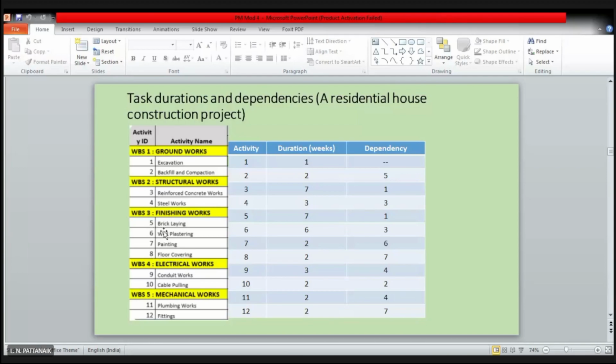Activity 5 is marked here as bricklaying. Bricklaying means the construction of the brick walls, right? The process is, after digging the foundation, you fill that foundation with some piling work, some cement work, and use some steel rods, etc., as much as I know. Then after that, you level it.